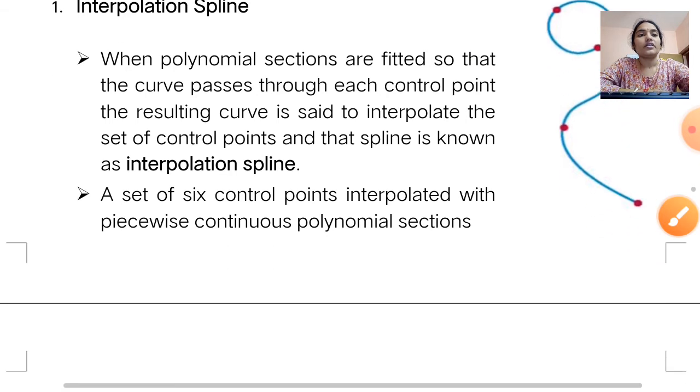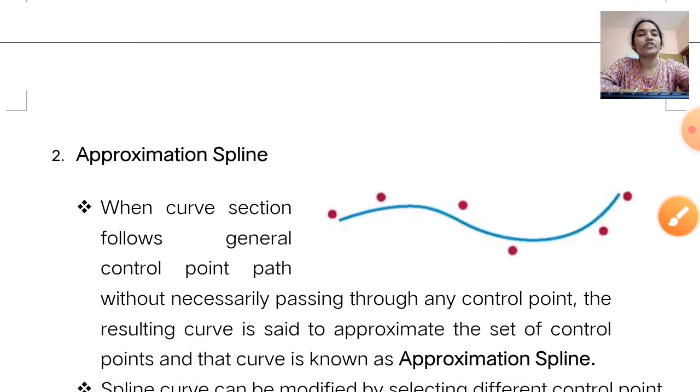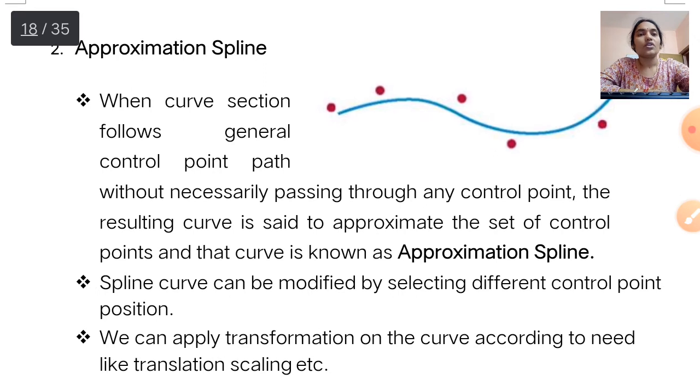Okay. Next we will discuss approximation spline. When a curve section follows the general control point path without necessarily passing through any control point, the resulting curve is said to approximate the set of control points, and that curve is known as an approximation spline curve.